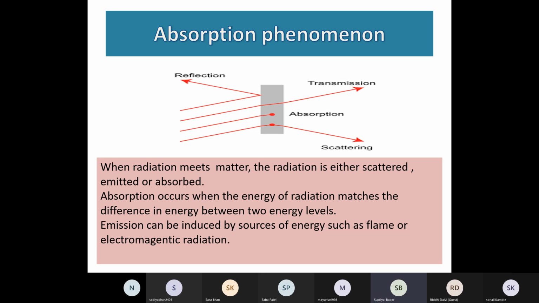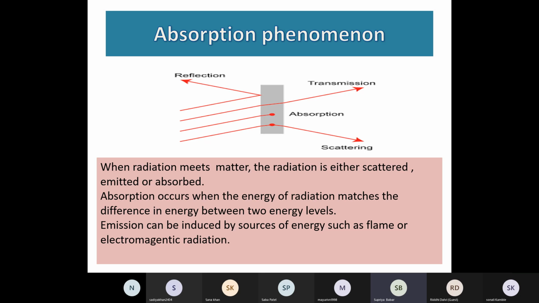Now what is spectroscopy? It is the study of the interaction between the electromagnetic radiation and the matter. Matter can be anything: atoms, ions. Normally there are different types of molecules, so they will absorb different wavelengths and also to different extents.